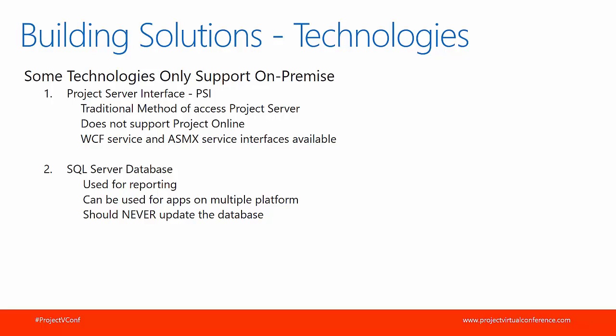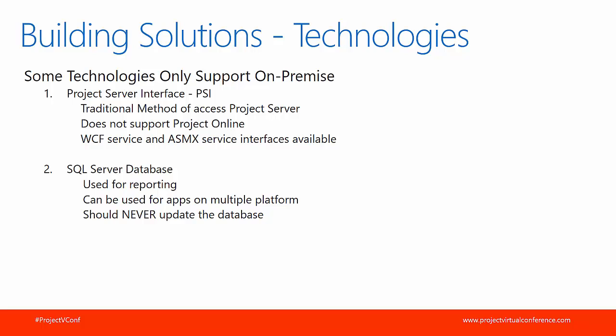So if you're looking to build a solution that has a maximum possible reach, we probably should avoid using the PSI. And I'll look at some alternative interfaces shortly. But one thing I will say is currently the PSI still supports the most functionality of any of our programming interfaces. So if you are building an in-house on-premise solution, the PSI is possibly something you could still consider.